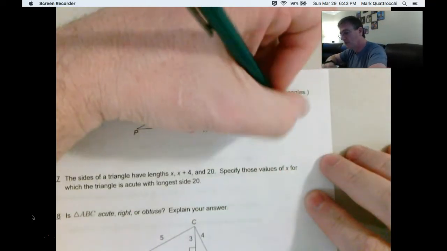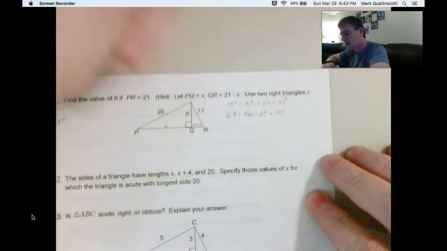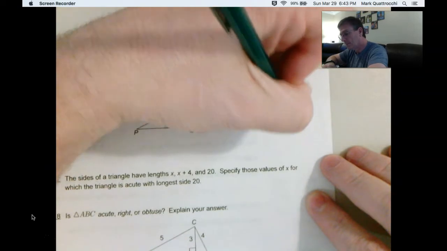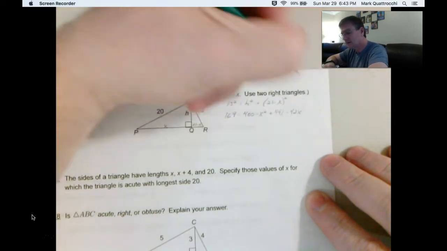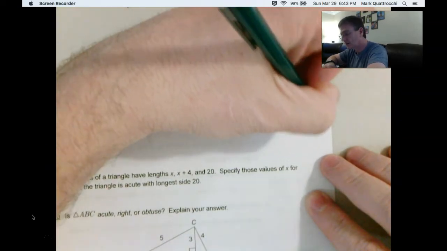This is going to be 441 minus 42x plus x squared.